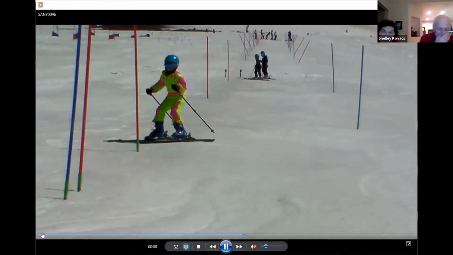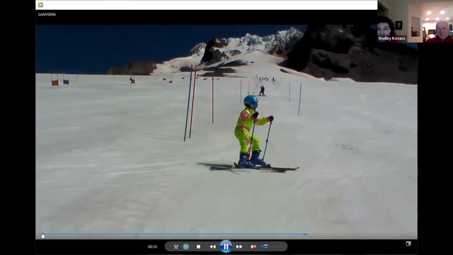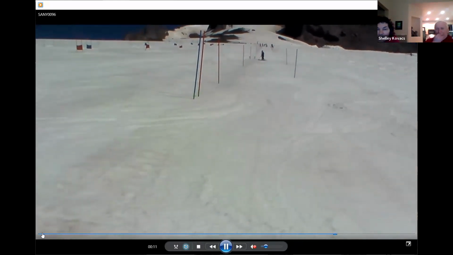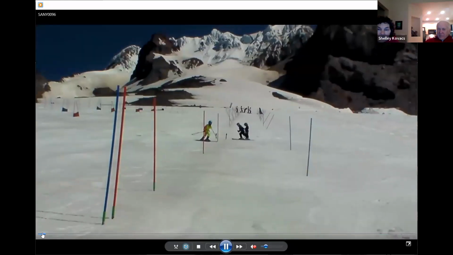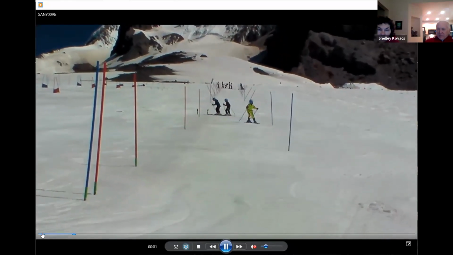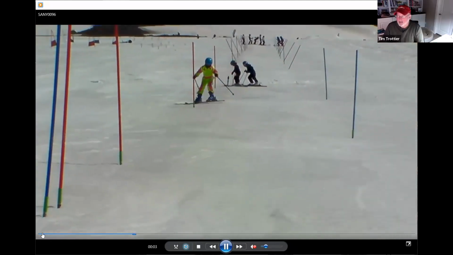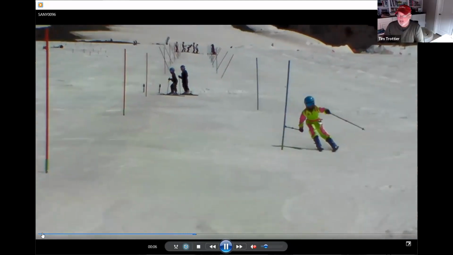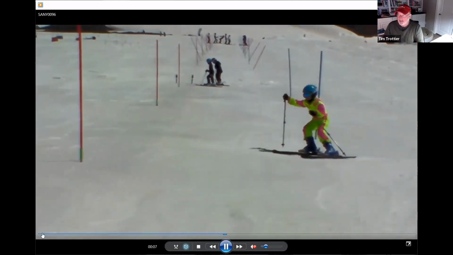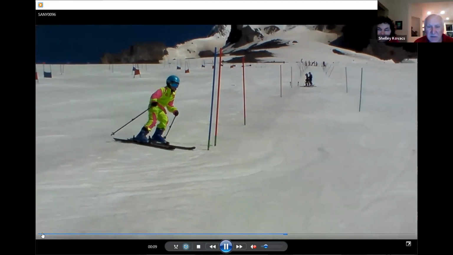If you look at their legs, their ankles, their knees, their hips, in the middle of the shaping phase of the turn, is there any leg length difference? I'm seeing, yes, a slight shortening of the inside ski by flexing the ankle and knee. Inside leg, be careful, ski don't flex. Yeah.